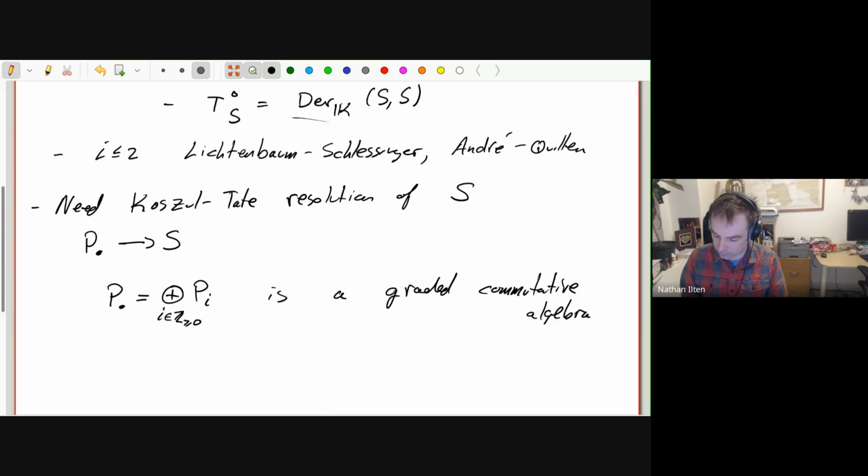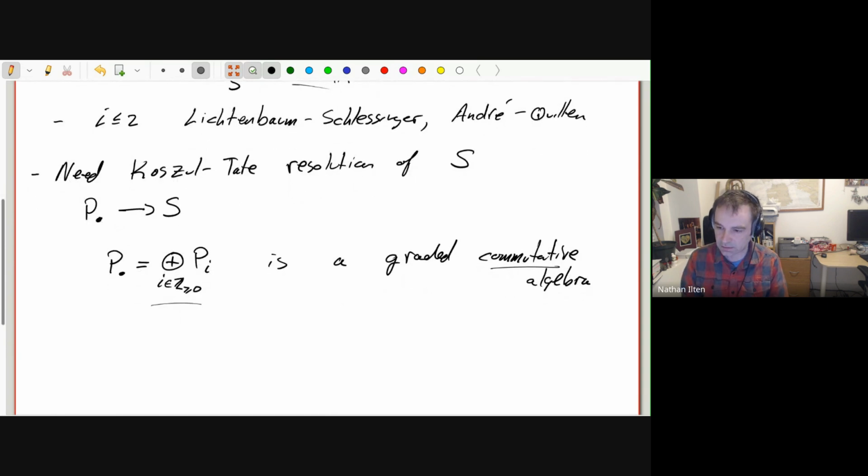It's an algebra that's graded, meaning that it decomposes as a direct sum like this. This direct sum respects the multiplication, and being graded commutative means that things commute up to sign. So things of even degree commute, things of odd degree anti-commute. Okay, so that's what this P dot is.